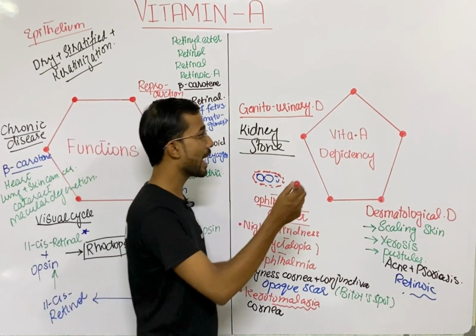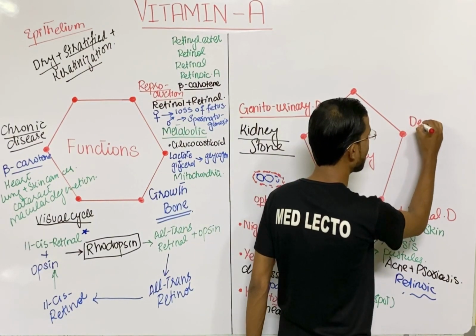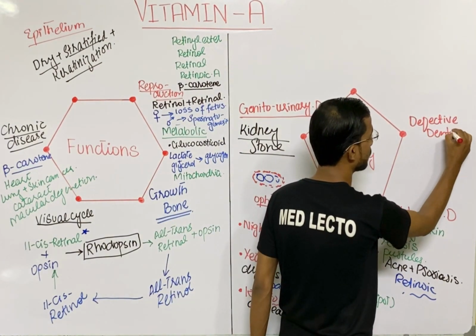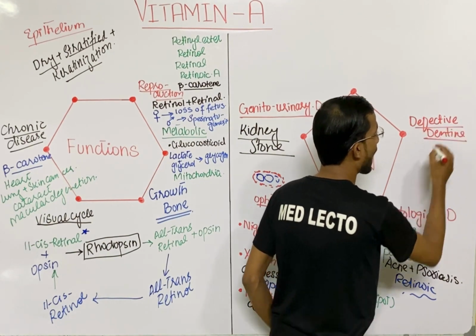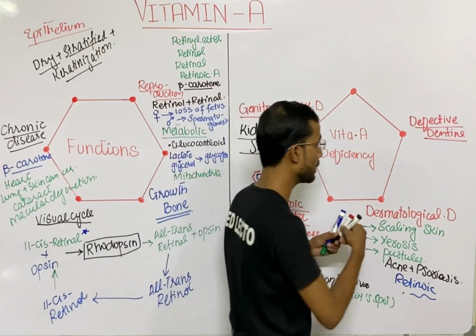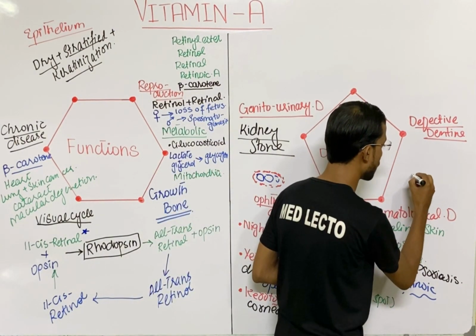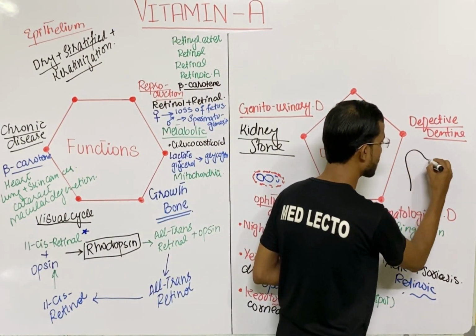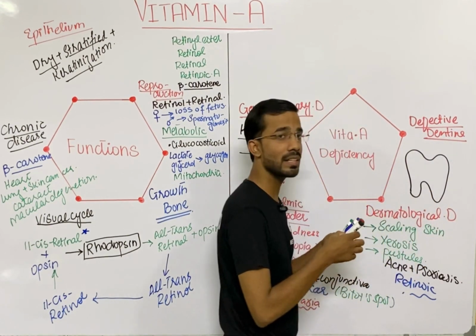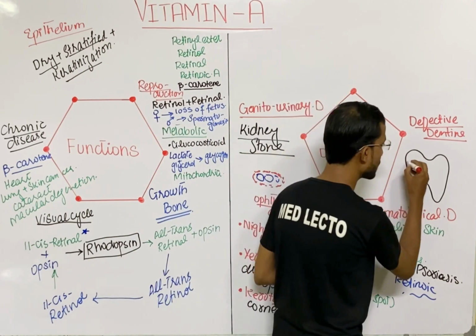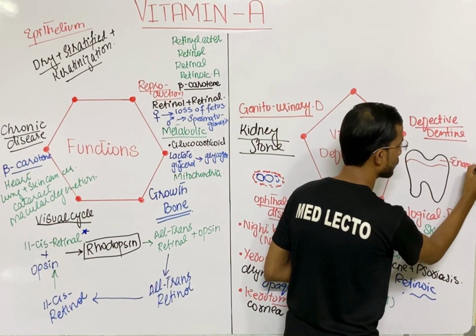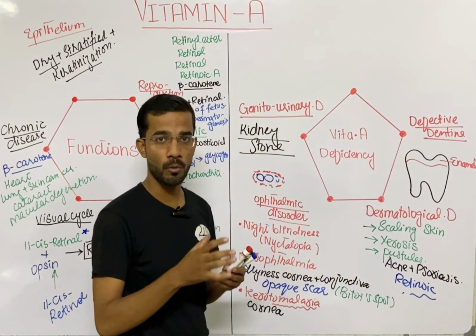And next is defective dentine. The three most important components of the tooth are, if you see here the teeth, the first component is the enamel, the topmost component.